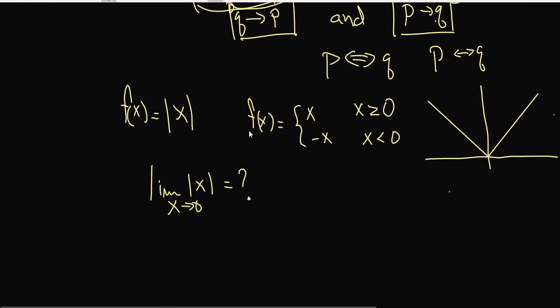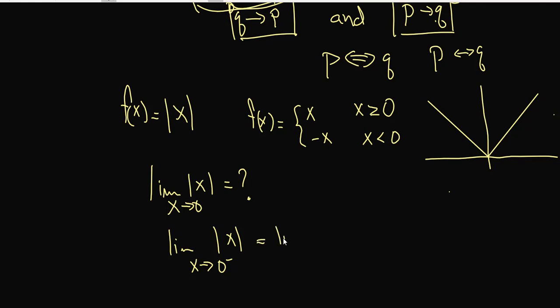So what can we do? Let's say x approaches 0 from the left of the absolute value function. Whenever we're approaching 0 from the left, that means x is less than 0, and then we get this.